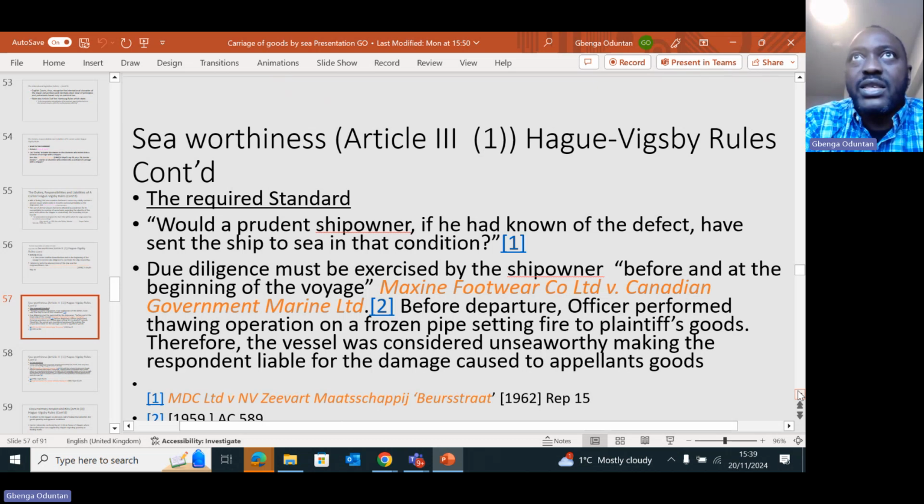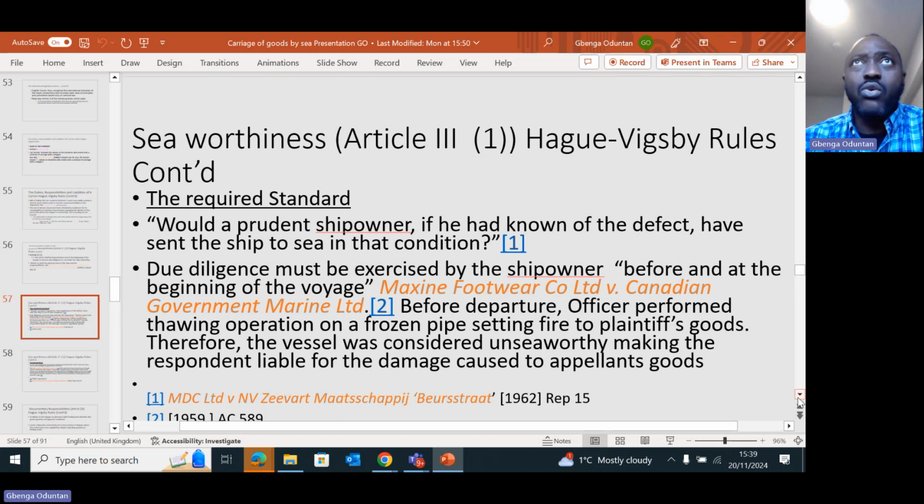What that means is that carelessness and negligence will go to the roots of your seaworthiness liability. If, as in the case of Maxine Footwear, an officer on board uses a blowtorch to try to thaw a frozen pipe, then obviously the seaworthiness of the ship has been brought into question.